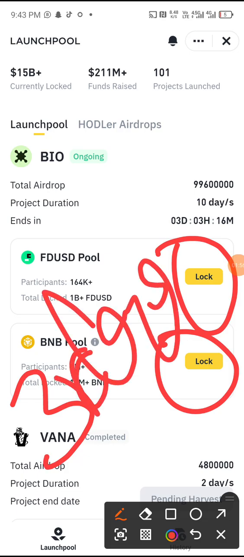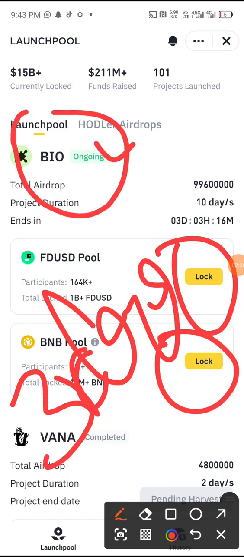You will lock this for 3 days. So what are you going to get in return? You're going to get BIO. It's currently ongoing, so do not be left out.